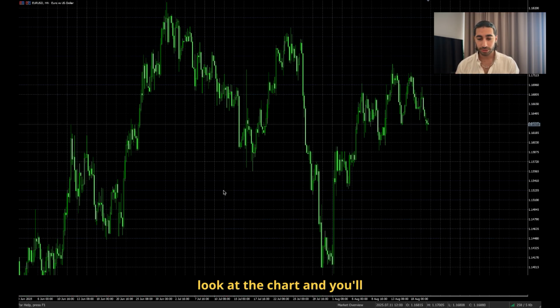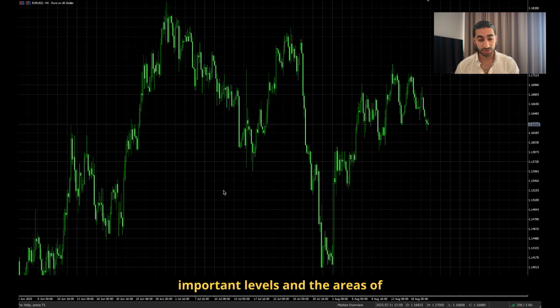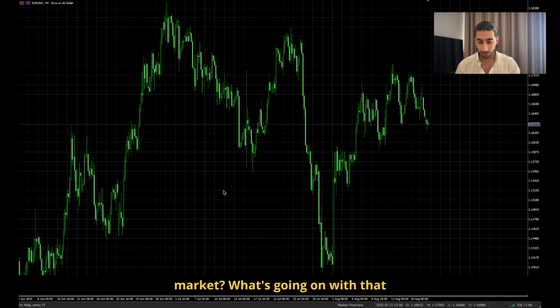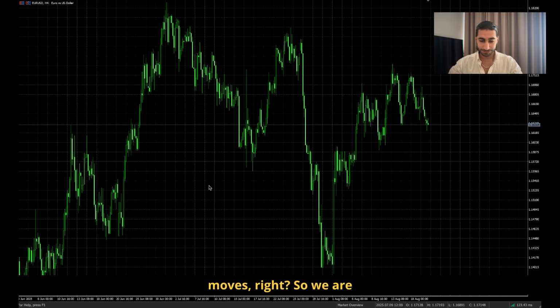You'll look at the chart and you'll be able to decide whether it's a buy, it's a sell, where are the important levels and the areas of interest. Is it going up? Is it going down? What's going on in the market? What's going on with that asset? And what should you do in order to take advantage of the price moves, right?